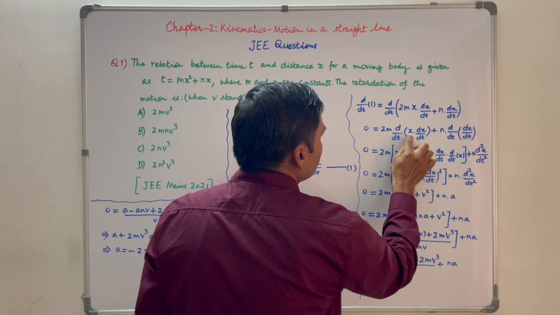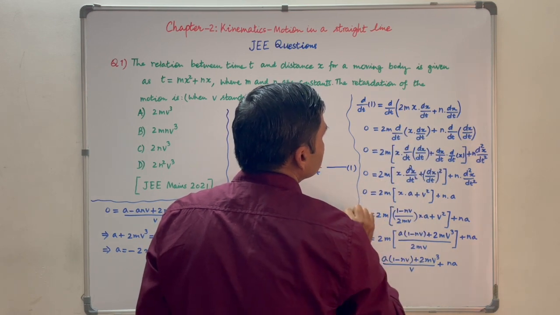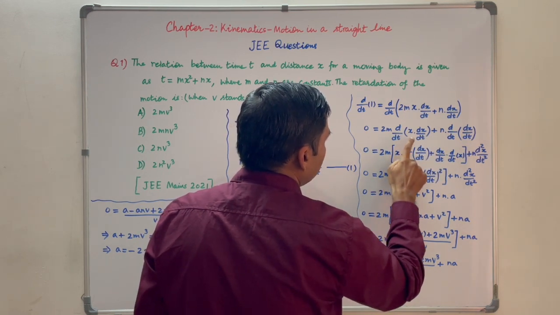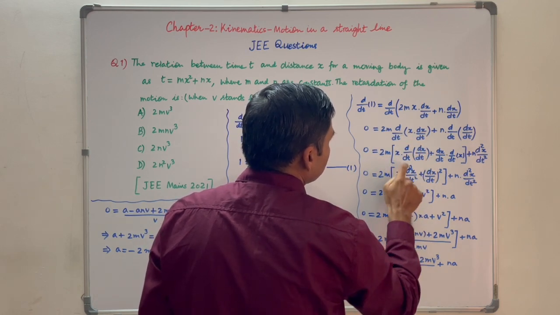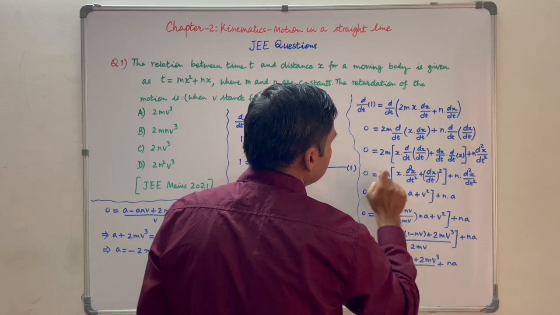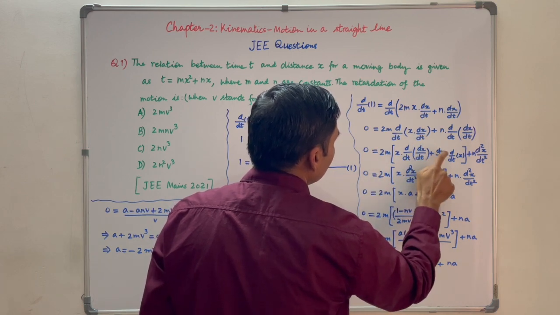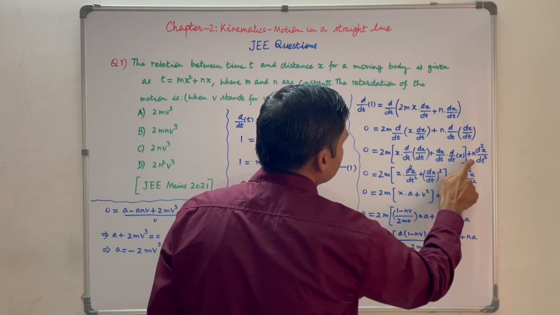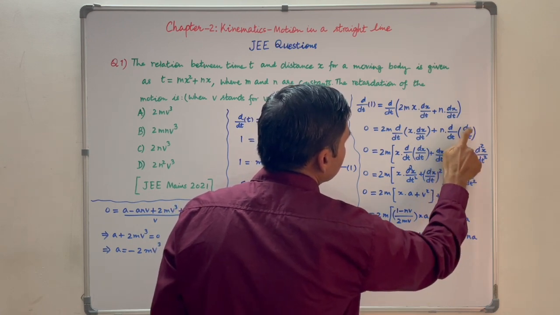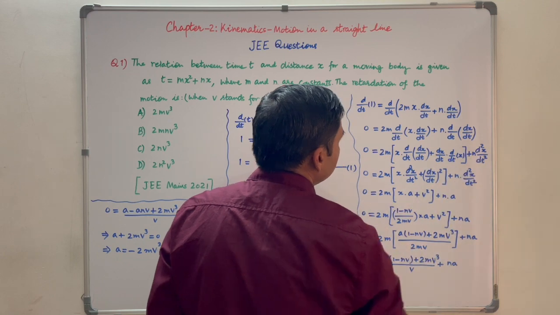Suppose x is the first function and dx by dt is the second function. So it will be first function into differential of second function, d by dt of dx by dt, plus second function into differential of first function, means d by dt of x, plus n into d by dt of dx by dt, which is d square x upon dt square.